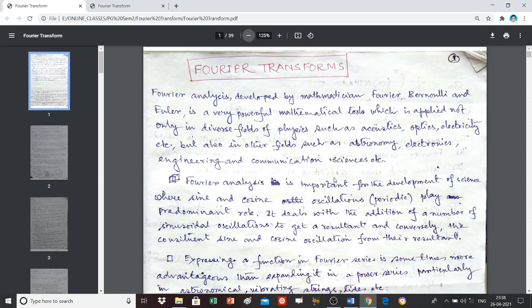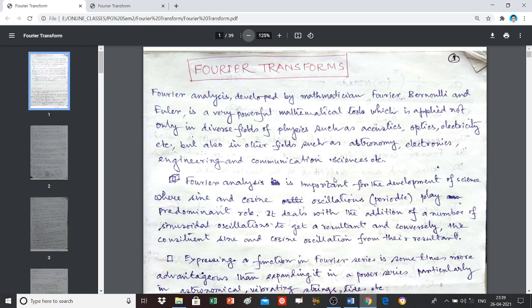Using Fourier analysis, we can decompose or express a function which is composed of sine or cosine series. A function can be decomposed into a combination of sine and cosine series, for example in the case of oscillations.